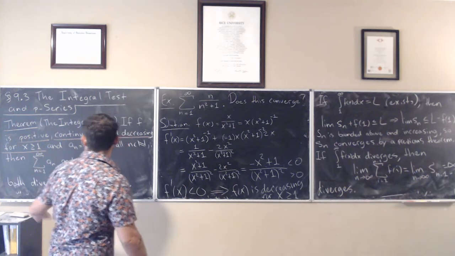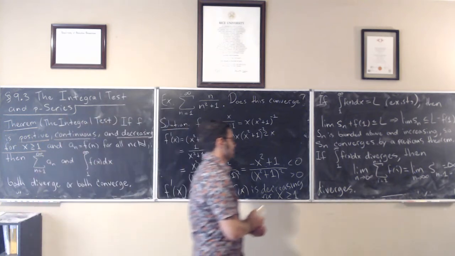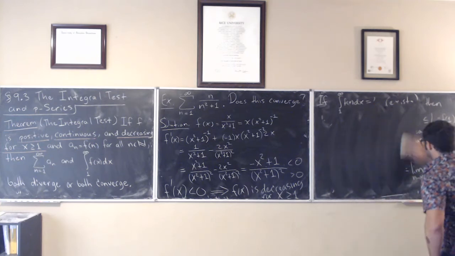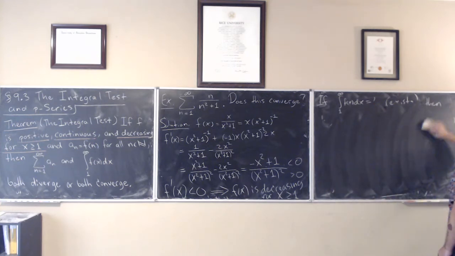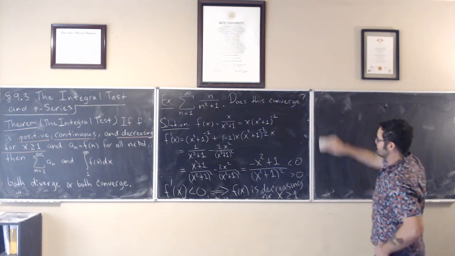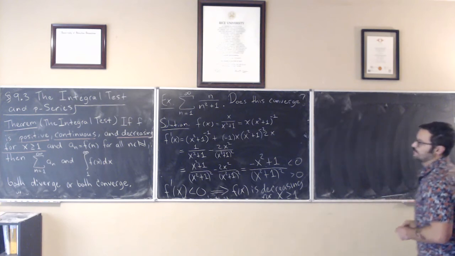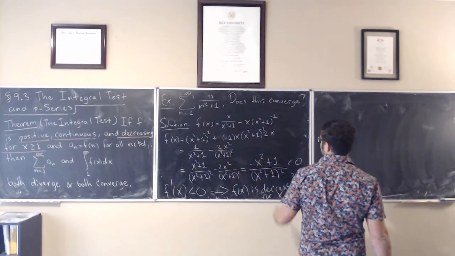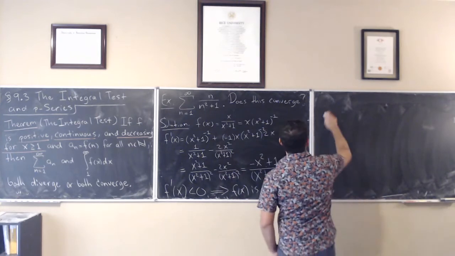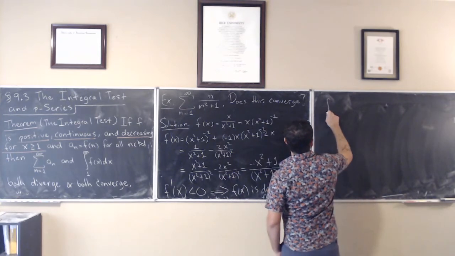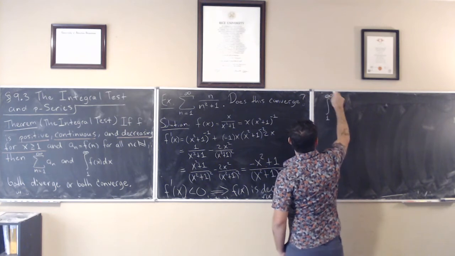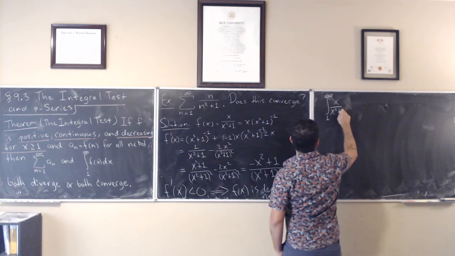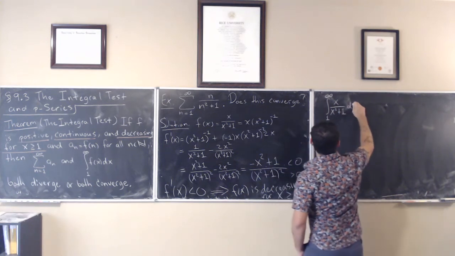So now we can apply the integral test, which means we need to evaluate the improper integral of this function on the interval 1 to infinity. So we look at the integral from 1 to infinity of x over x squared plus 1 dx.